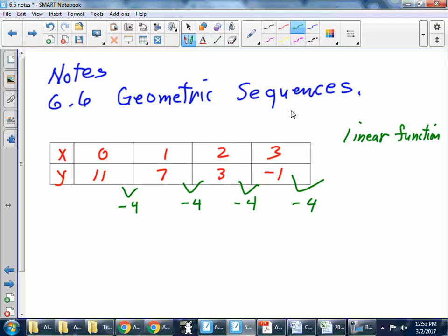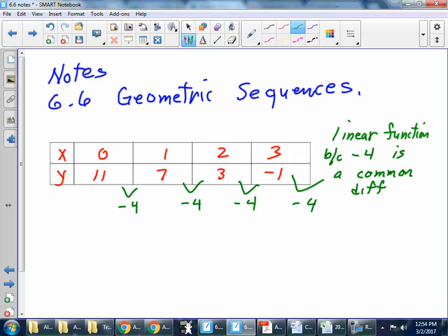This is a linear function because -4 is a common difference.